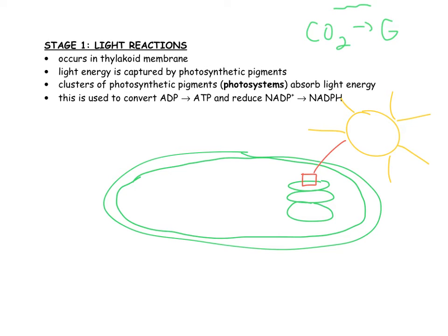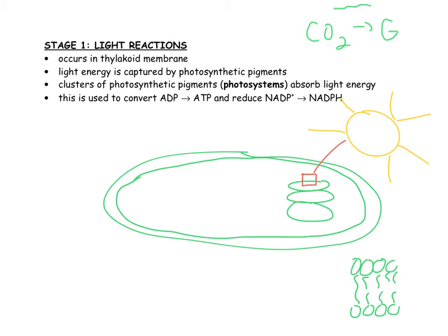So the light is going to be captured by the photosynthetic pigments that are in that thylakoid membrane. You'll remember that, embedded in that phospholipid bilayer that is the membrane of our thylakoid disc, that's where we're going to see our chlorophyll molecules.